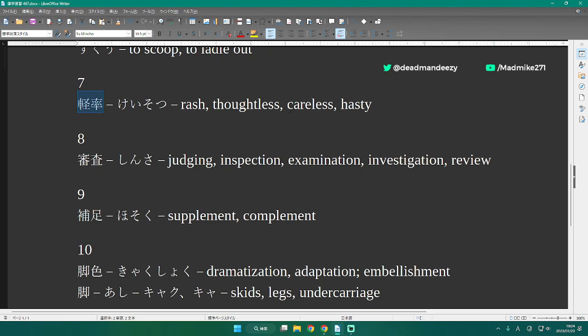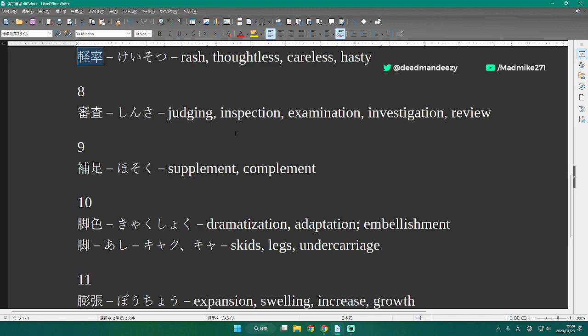Keisotsu desu. Keisotsu no hito wa osoku nete. Keisotsu is thoughtless or reckless or rash. Taking things too lightly and proceeding with the plan.